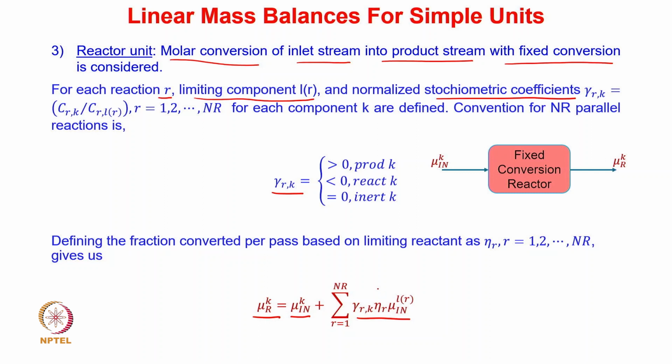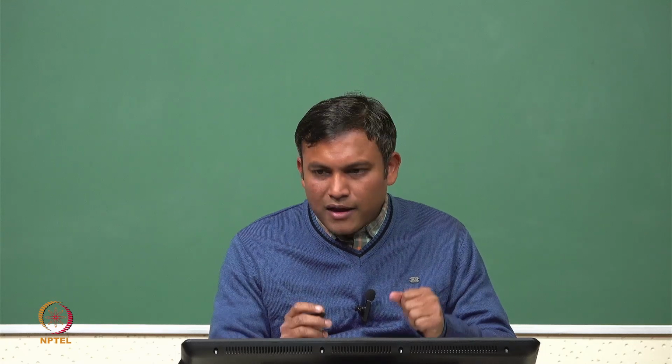Eta R is nothing but the conversion of the limiting component in the Rth reaction, and mu In Lr is the inlet molar flow rate of the limiting component. So this particular equation enables writing the mass balance for input and output of the reactor in a linear fashion, and we will illustrate that using a simple example.